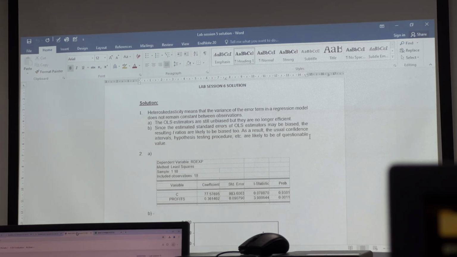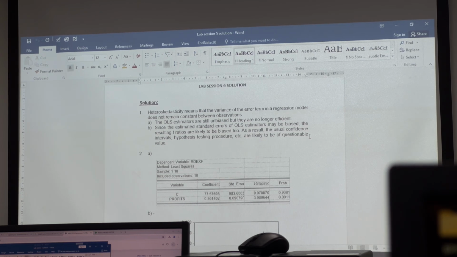The ordinary least squares estimators are still unbiased, but they are no longer efficient. So we can use the estimates, but in terms of testing, we have a problem now. Since the estimated standard errors of the OLS estimators may be biased, the resulting t ratios are likely to be biased too. As a result, the usual confidence intervals, testing procedures, etc. are likely to be of questionable value.